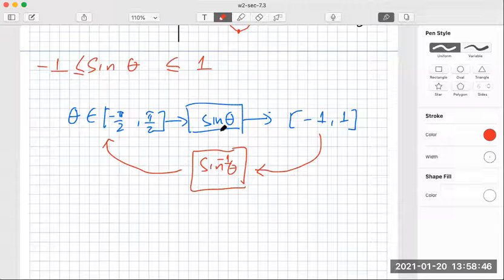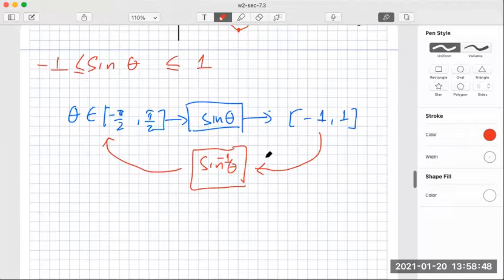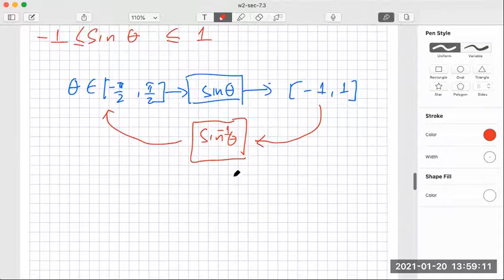And the convention is that the range of the sine inverse will be from -pi/2 to pi/2. This is a short discussion about the sine inverse function, okay? I just want to remind you about this.